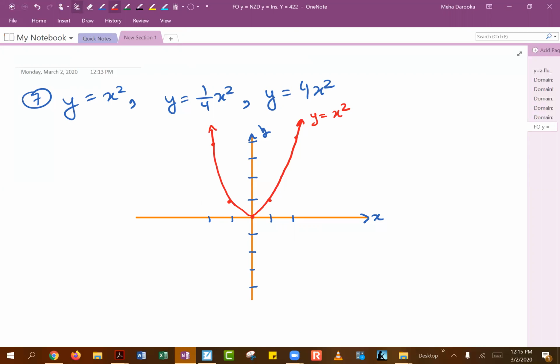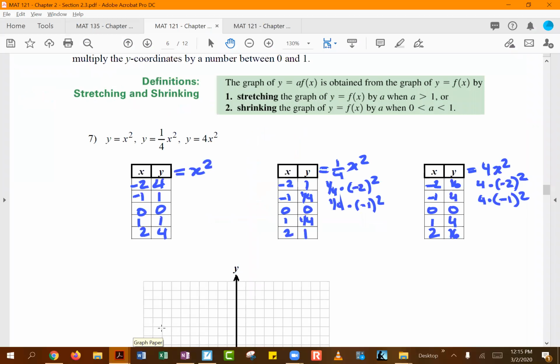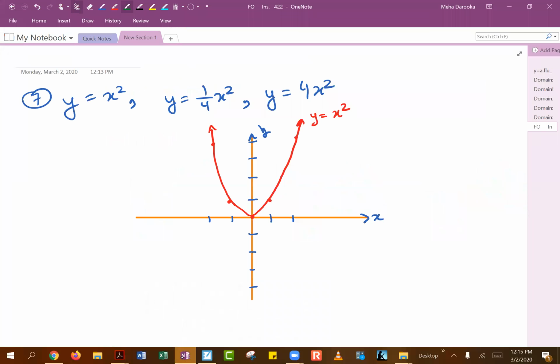And then 1/4 was going to be, let's see, -2, 1, and 2, 1. So -2, 1, 2, 1, and you had 0, 0. The other are quarters, so I'm actually not going to do those points, but this should give us an idea for a shape.